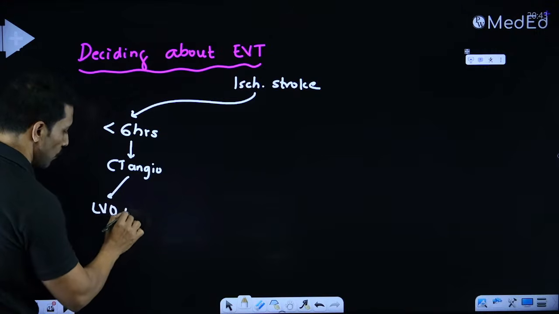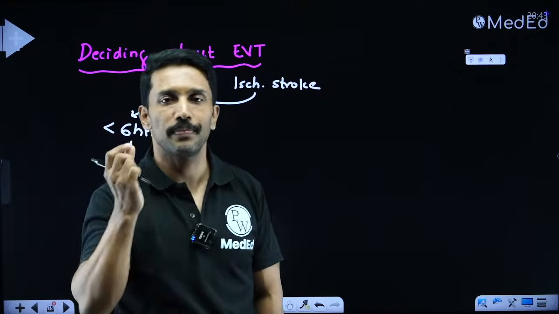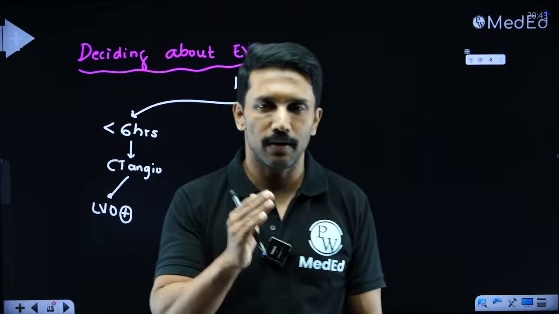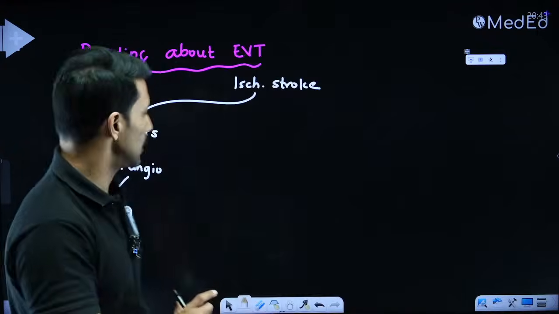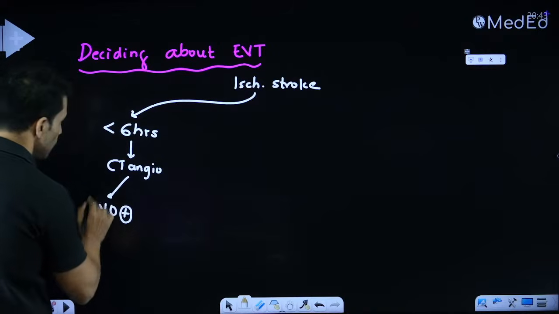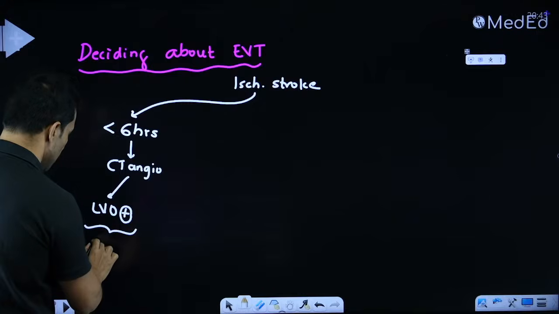I've already told you what is considered as large vessel occlusion: internal carotid artery, M1 segment of MCA, P1 segment of PCA, basilar artery, vertebral artery, and selected cases of M2 segment MCA occlusions. So if they are presented within 6 hours, clearly you will have a penumbra. So you can go ahead with EVT.